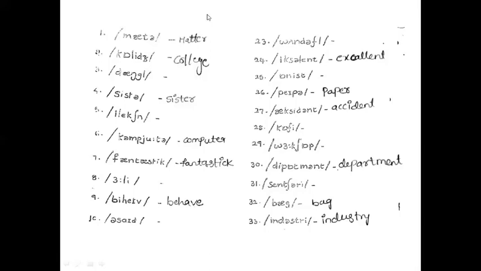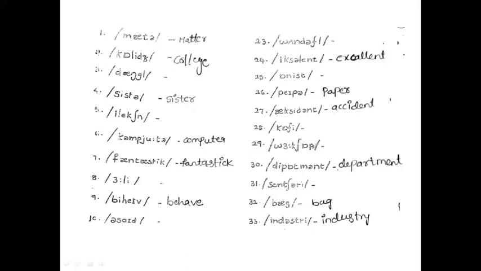That is an A sound. Okay. Then it must be accident. But how do we pronounce it? Okay, accident we pronounce, but it has to be pronounced with an A sound only. It must be accident. Okay, accident.